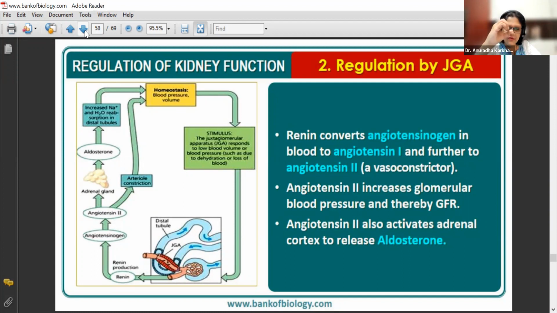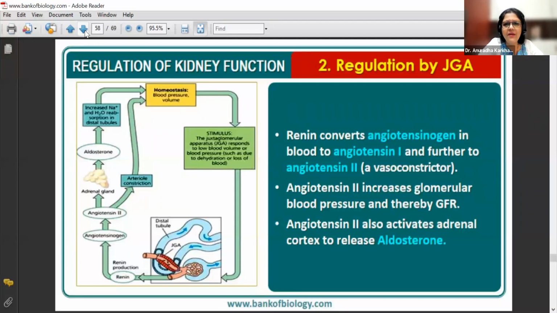Smaller means its lumen will reduce. So when the lumen narrows down, automatically pressure will increase. Correct? So angiotensin 2 thus increases the glomerular blood pressure, and thereby the glomerular filtration rate will also increase.